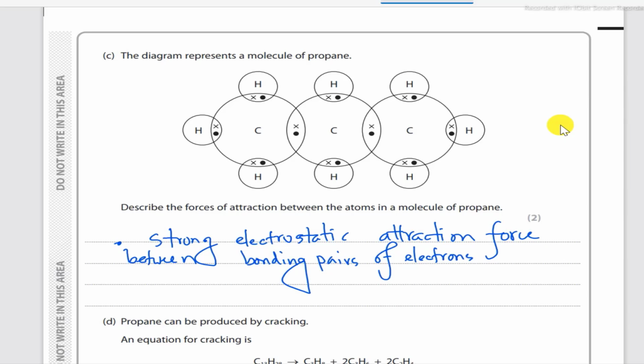So there is a strong electrostatic attraction force between the bonding pairs of electrons.